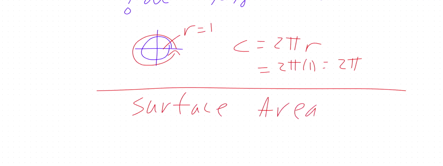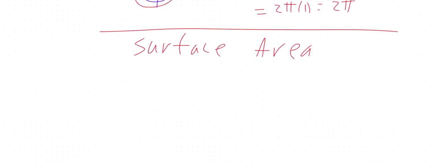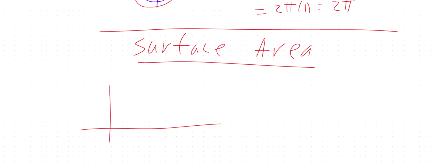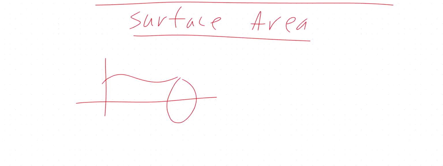So if we have a curve, whatever we're doing, and then we're going to rotate it to make a three-dimensional figure. And we want the surface area of that figure, what would we do?